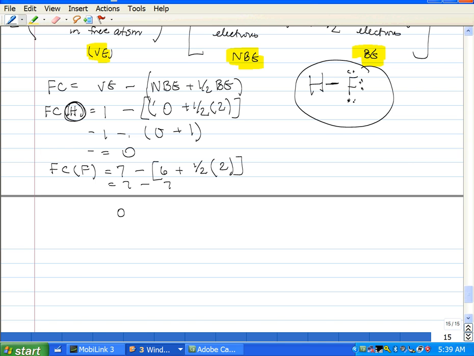Okay. Whatever the charge on your molecule is, I'm going to write these down so you can write them with me. In a neutral molecule, the sum of all formal charges is 0.